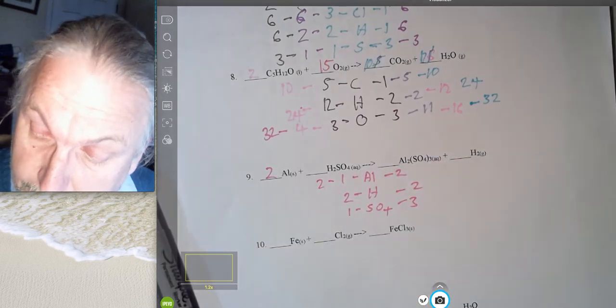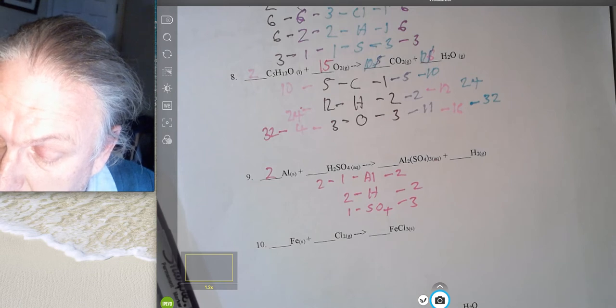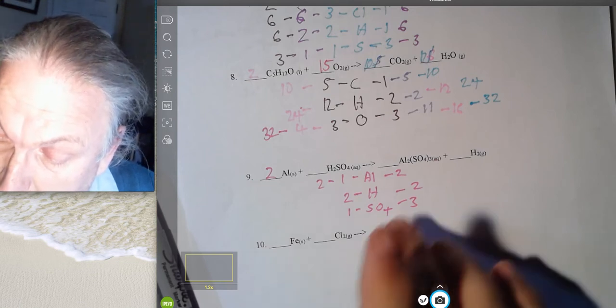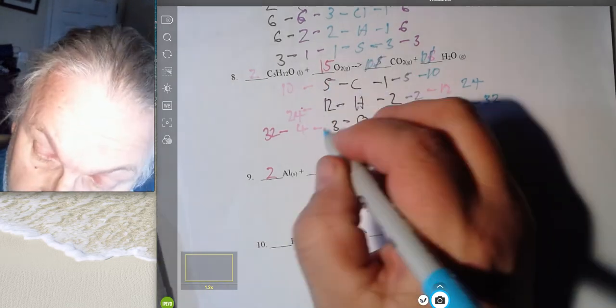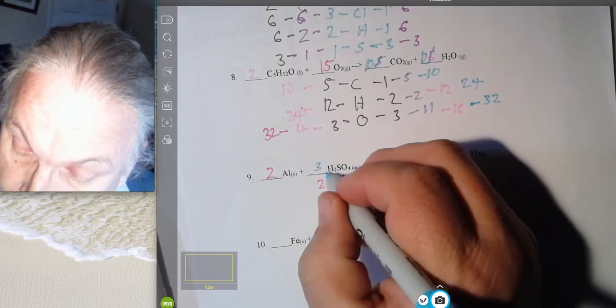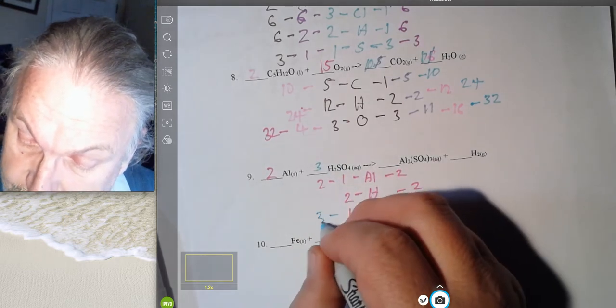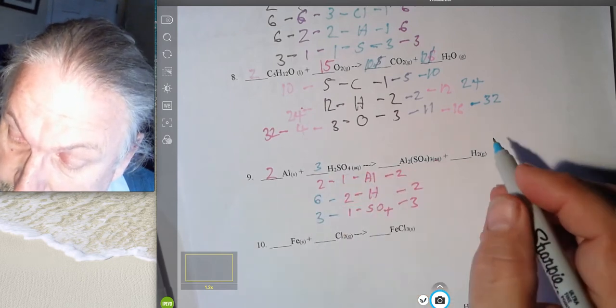Now we've got 3 sulfates there. Let's put a 3 right here. That gives me 3 sulfates and 6 hydrogens.